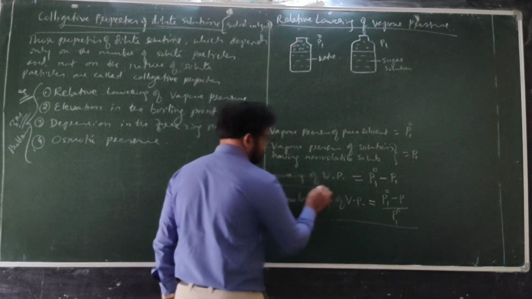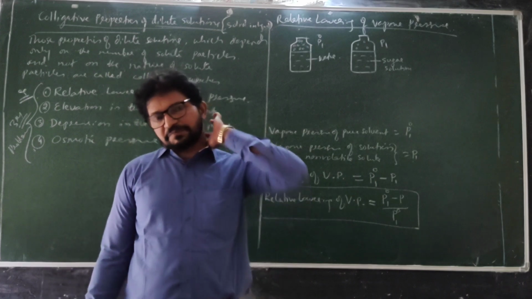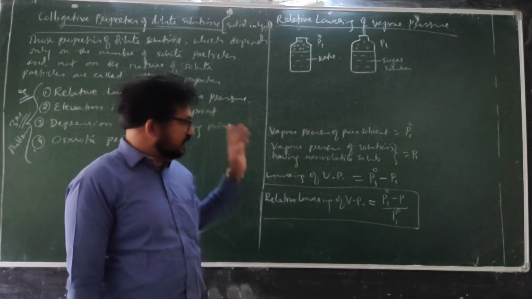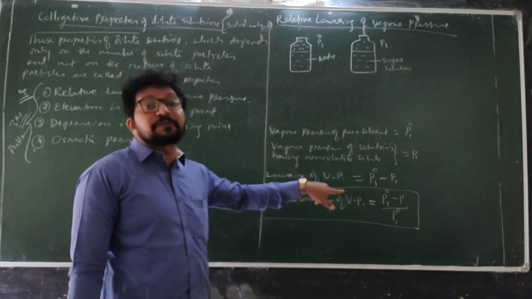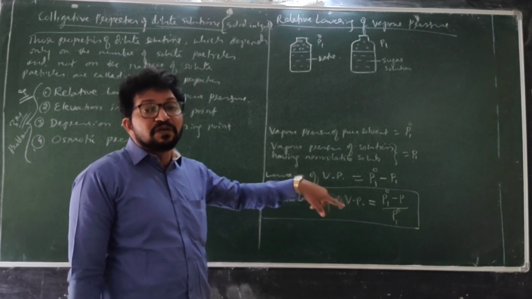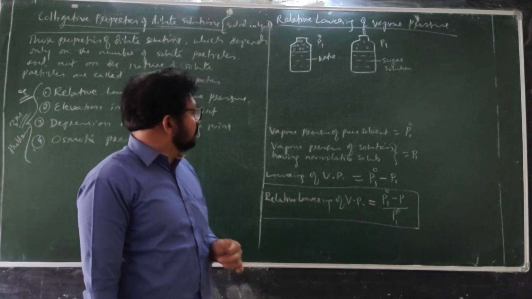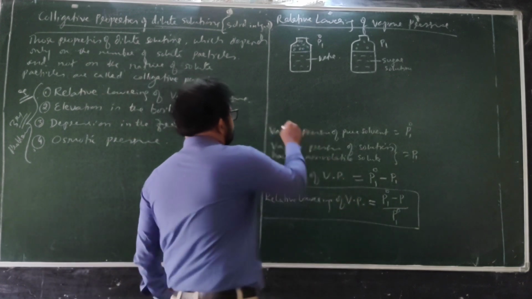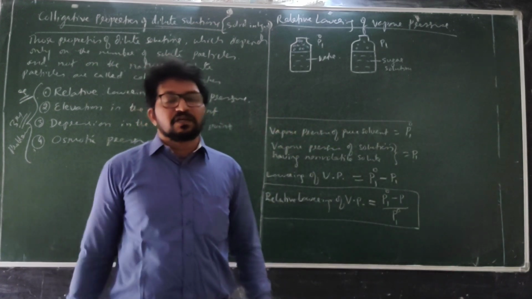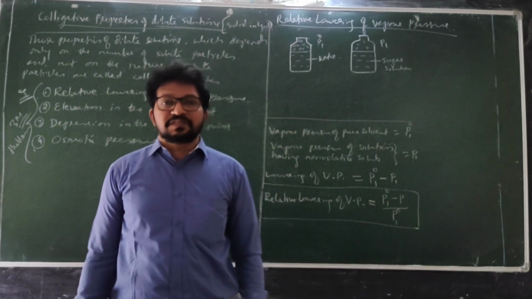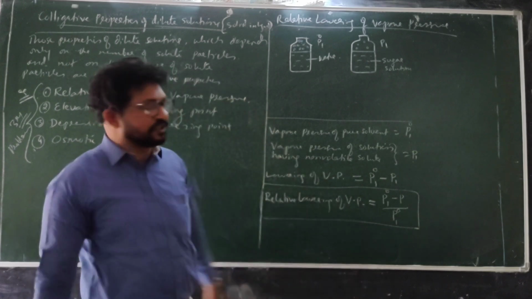Is this correct? This is relative lowering of vapor pressure. The ratio of lowering of vapor pressure to vapor pressure of the pure solvent, when a non-volatile solute is dissolved in a solvent to form the solution, is called relative lowering of vapor pressure.